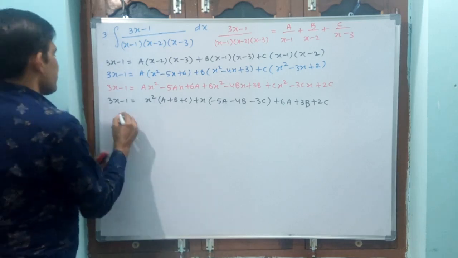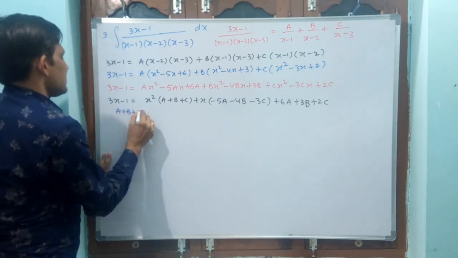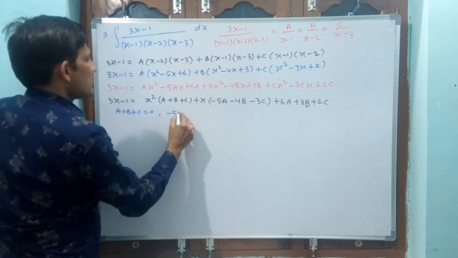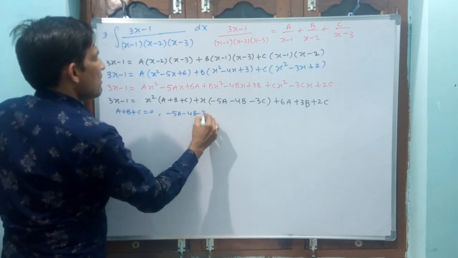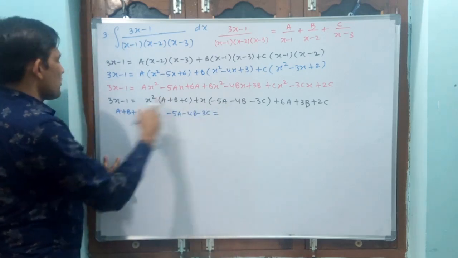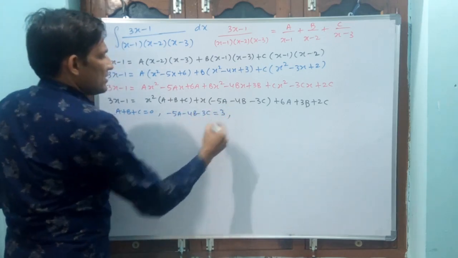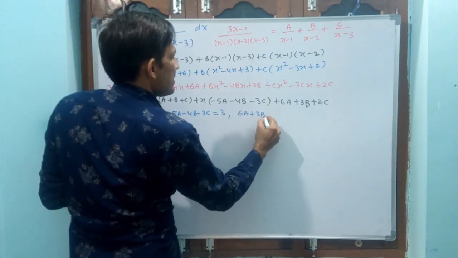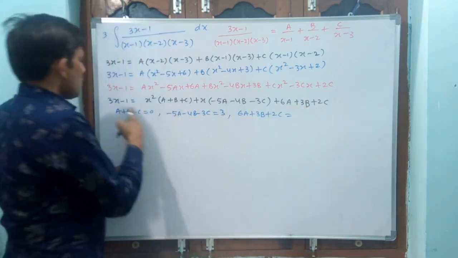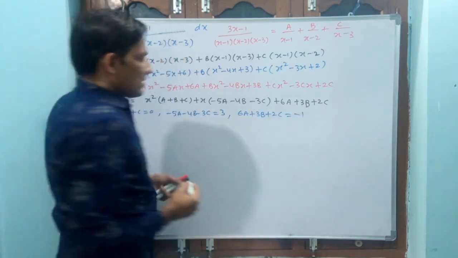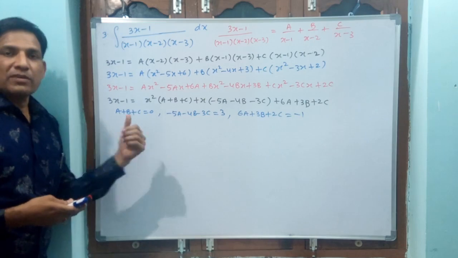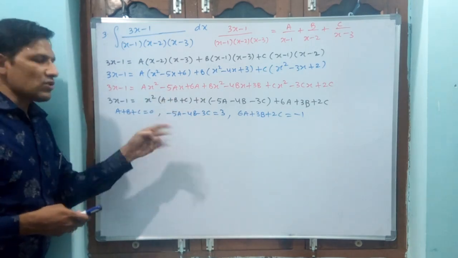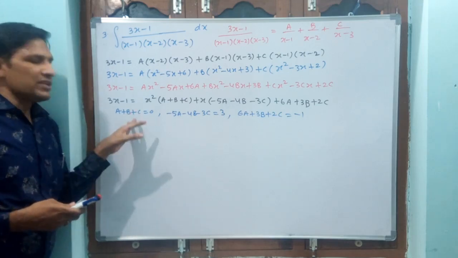You see how I am writing? a plus b plus c is equal to 0 is one equation, minus 5a minus 4b minus 3c is equal to 3, since the x coefficient is 3, this is the second equation, and 6a plus 3b plus 2c is equal to minus 1 is the third equation. Now in front of you 3 equations and 3 variables are there, and 3 variables you can solve with 3 equations.